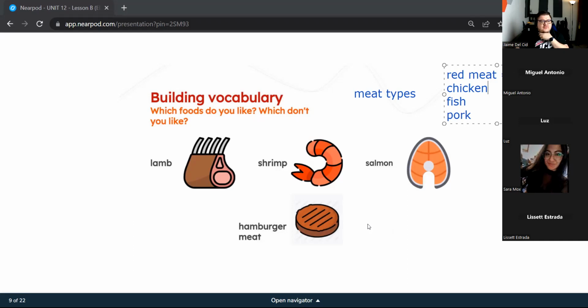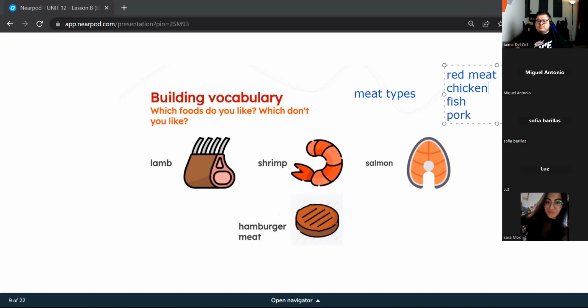So let me ask Celita. Celita, can you read the names of these pictures? Los tengo que leer todos, ¿verdad? Yes, please. Yes. Lamb. ¿Cómo dijo que se pronunciaba camarón?